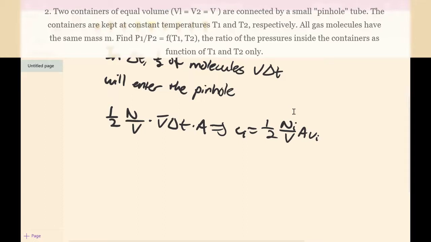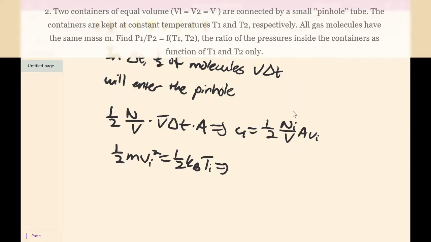Okay, so now we can use the energy. Since these molecules are moving at speed v, 1/2 m vi squared is the energy, and it is equal to 1/2 kB Ti. This is another expression for the energy of these molecules.